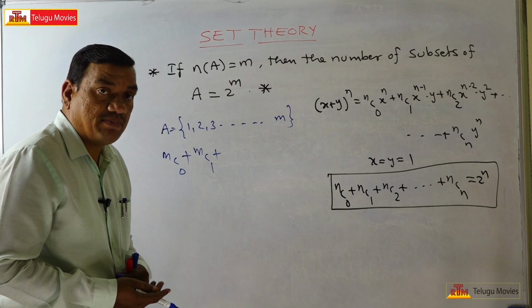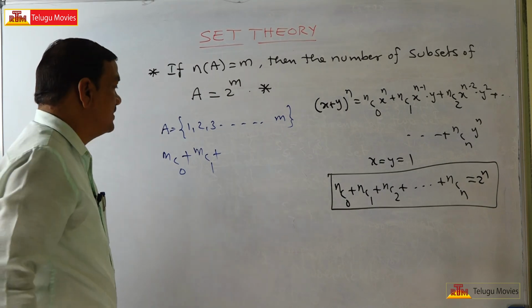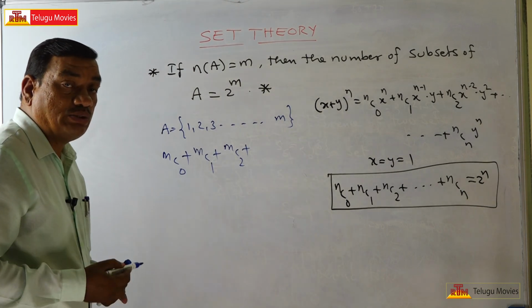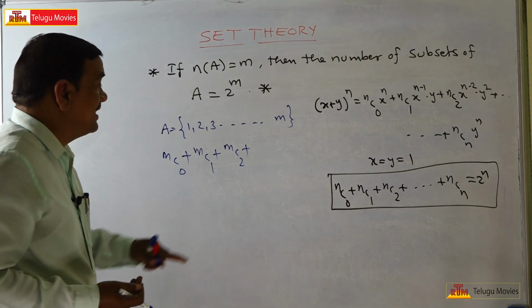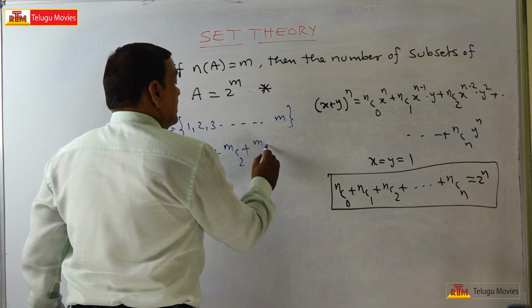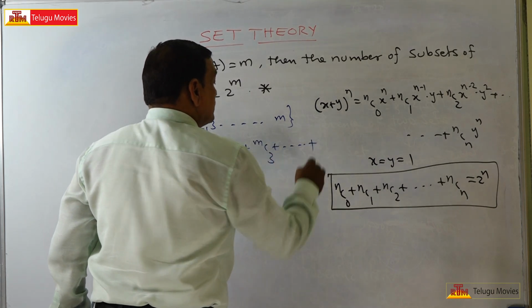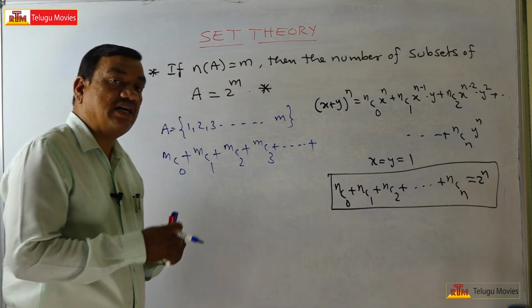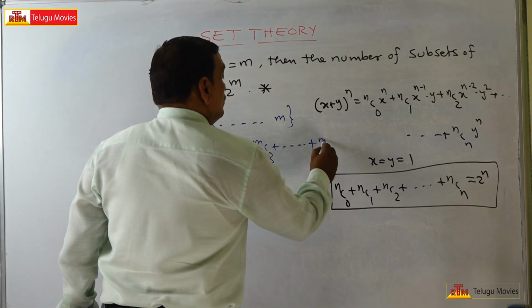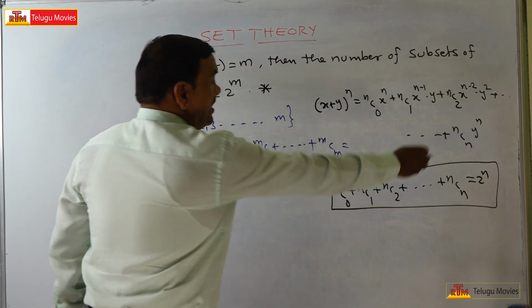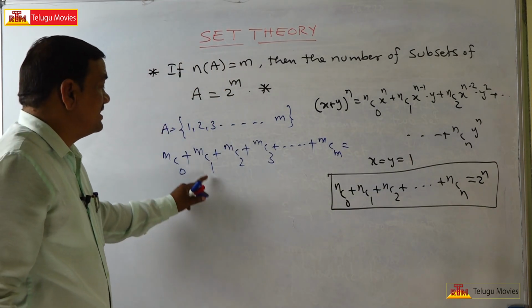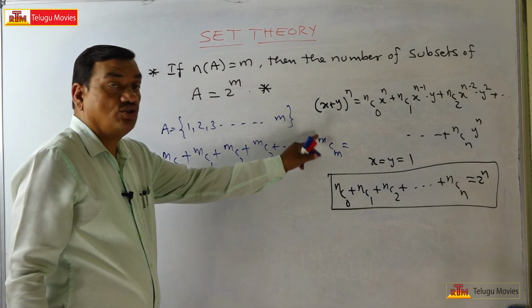Next, the number of subsets which contain two elements is mC2. The number of subsets which contain three elements is mC3, and so on. Last and final, the improper subset, that means the set which contains all the elements, is mCm. So according to the formula, we have mC0 plus mC1 plus mC2 plus mC3, and so on.